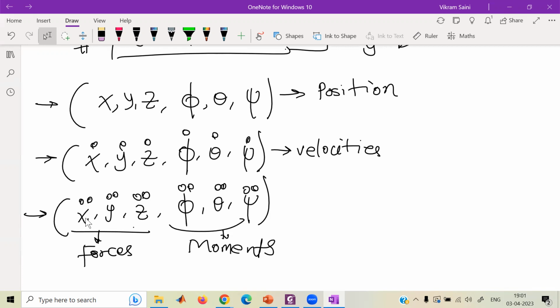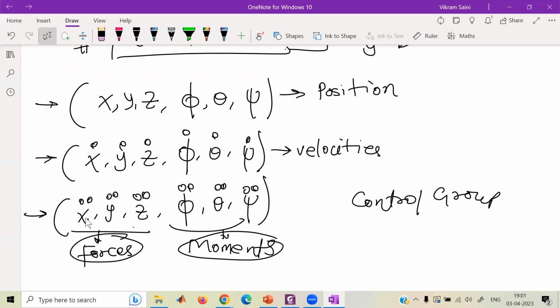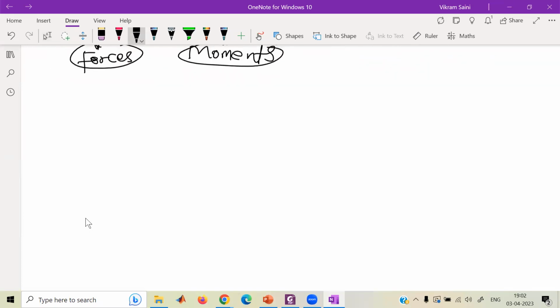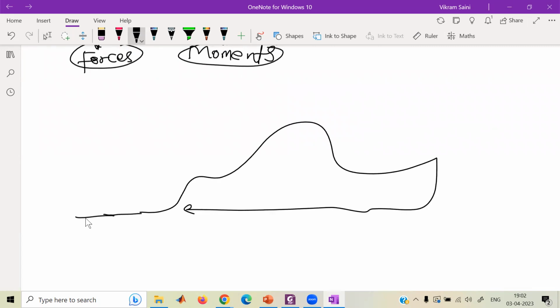So the controls group determines the values of these moments and forces that you need to supply to the aircraft to fly in a certain way. Let's say the aircraft is on the runway, takes off, does something, and comes back and lands. Think of a UAV, an unmanned aerial vehicle.